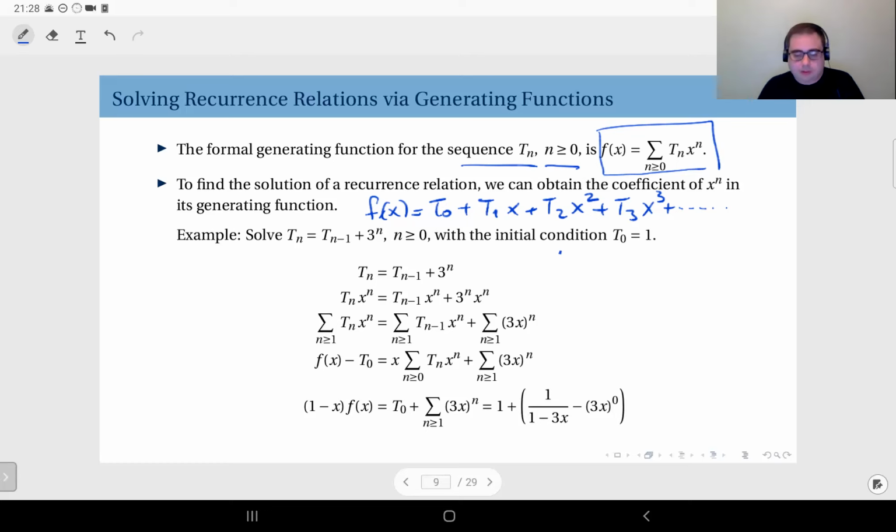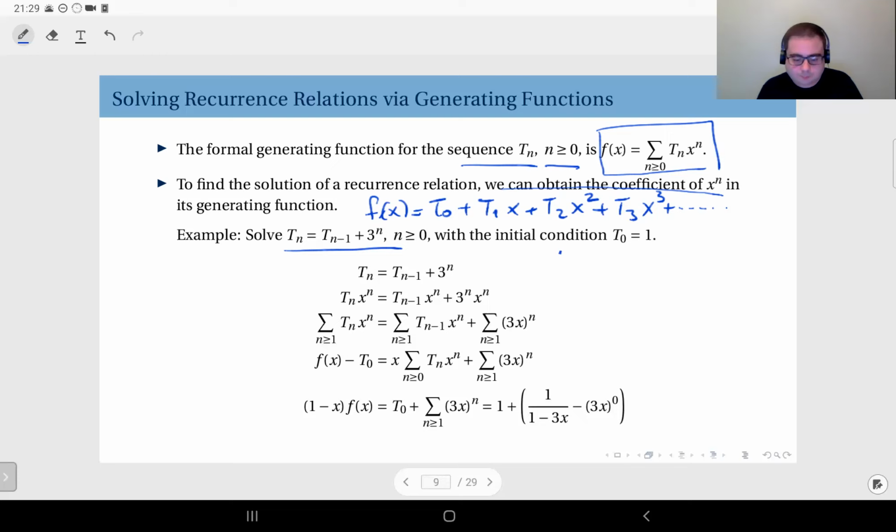So let's see this on a simple example, how we can use generating functions to obtain the solutions to recurrence relations. To find the solution of a recurrence relation, we can obtain the coefficient of x to power n in its generating function. For instance, try to solve the recurrence relation Tn equals Tn minus 1 plus 3 to power n for n greater than or equal to 0.